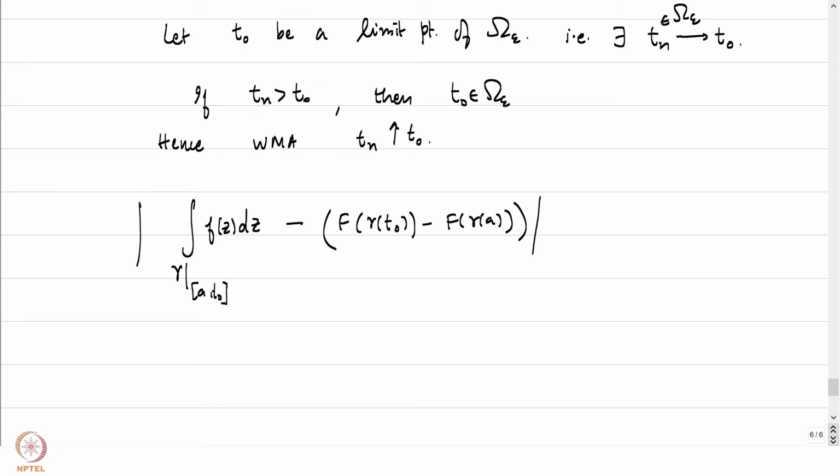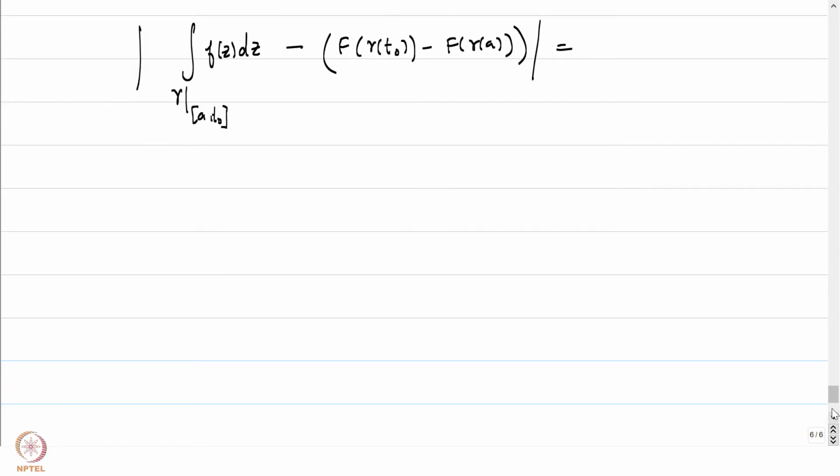This absolute value is equal to the integral of f(z) dz over gamma restricted to [a,tn] plus gamma restricted to [tn,t0]. So this is the concatenation of the curves gamma restricted to [a,tn] and the curve gamma restricted to [tn,t0].